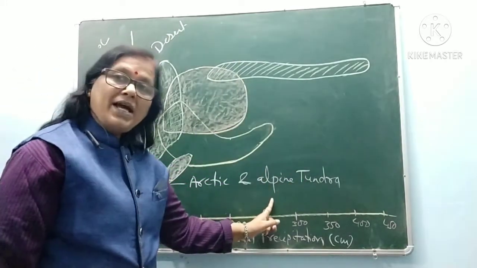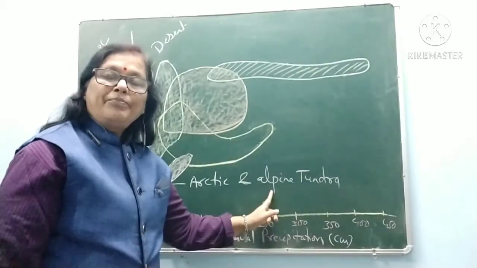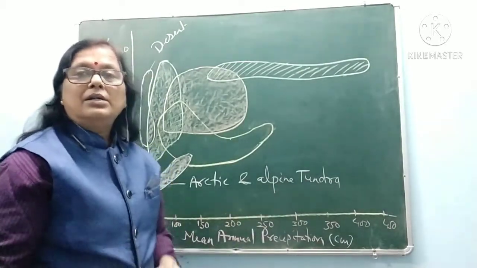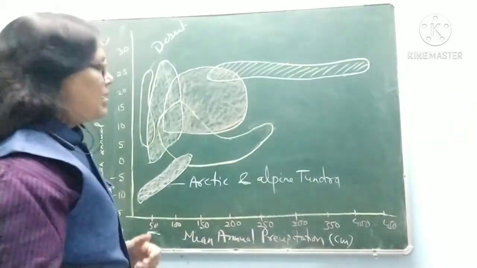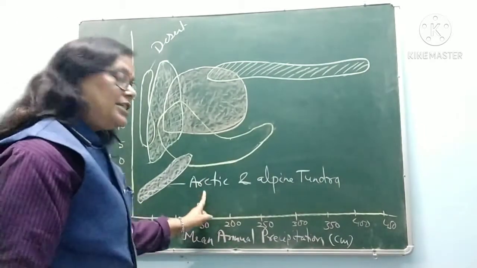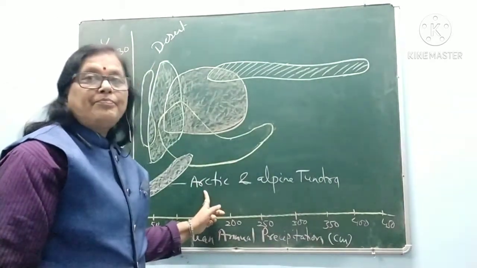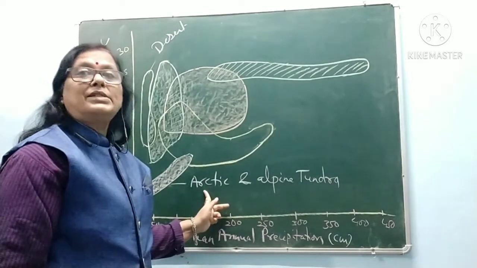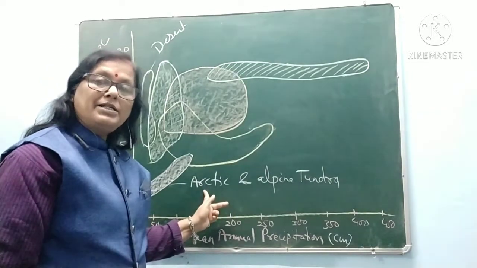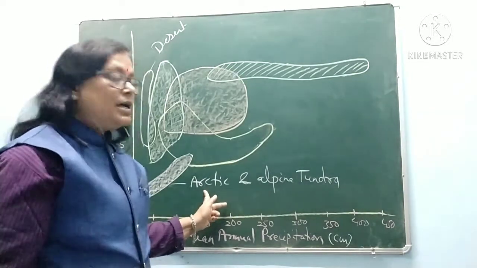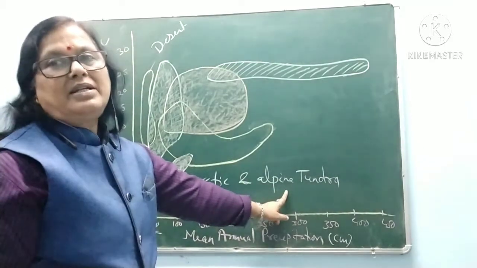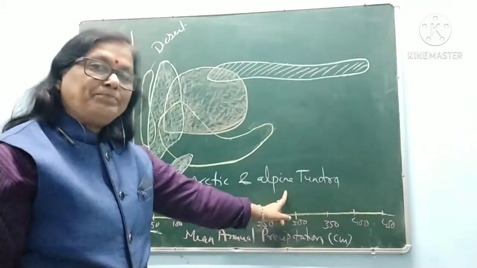There is no tree as its soil does not permit the growth of trees. So there are some differences. Arctic tundra is a permafrost area, which means it is a permanently frozen area, whereas alpine tundra is not permanently frozen.